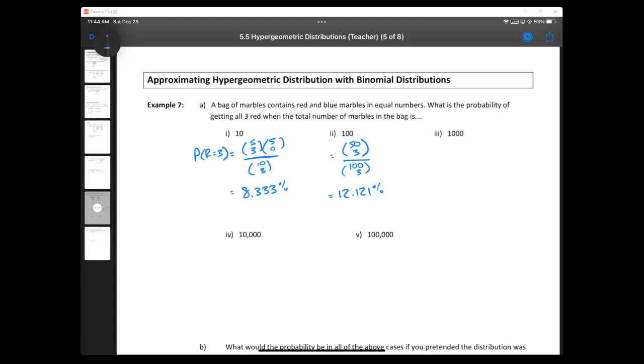Okay. This one over here is going to be 500 choose 3 over 1,000 choose 3. And when I punch that in, I get 12.462%.